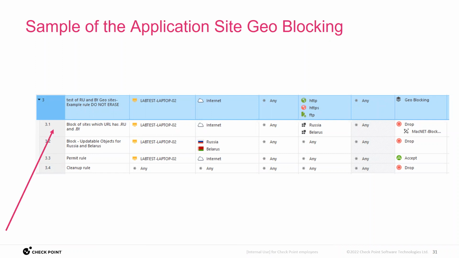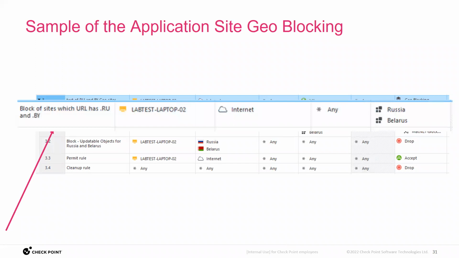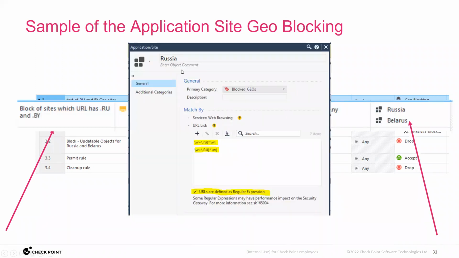So let's click on 3.1 and just enlarge. We're going to click on Russia. And then you can see that I have created a custom application site. I named it Russia. I created a primary category. Now, these categories, if you're familiar with the URL filtering security blade, we use categories. And that could be shopping or gambling, weapons type of thing, where you can block sites based on category.